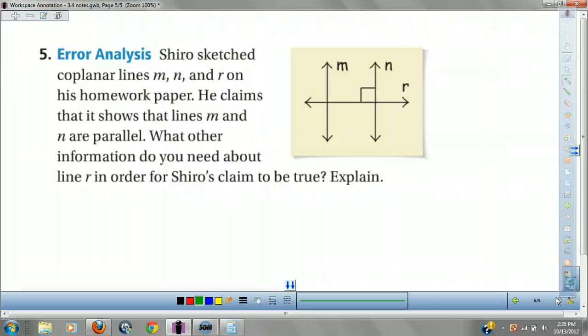My big piece of advice to you is, well, he drew this picture, right, where you have N and R. If I don't know what angle M is, I could draw it like this. So what he needed to say is one of these angles had to be 90 degrees.